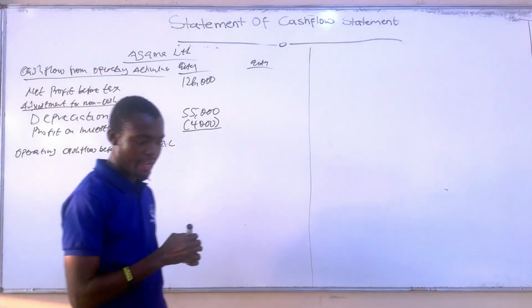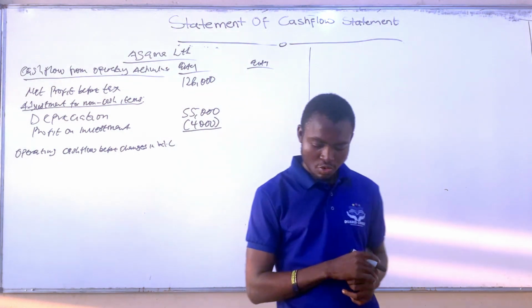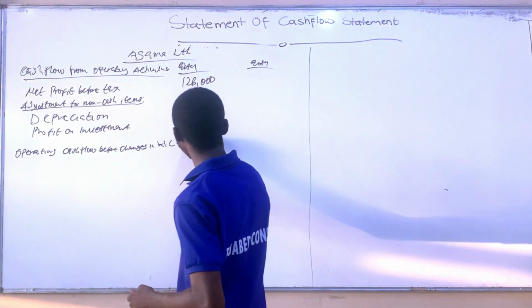WC means working capital. And then the figure will be 177,000.